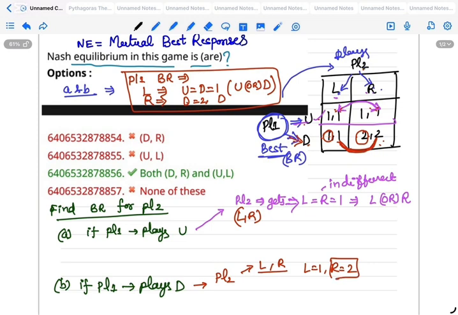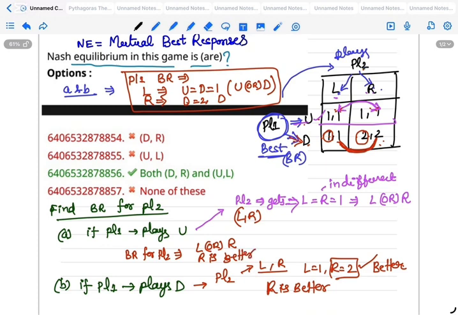R equals 2 is better, which means R is better. So the response for player 2 is R. This is condition 1.